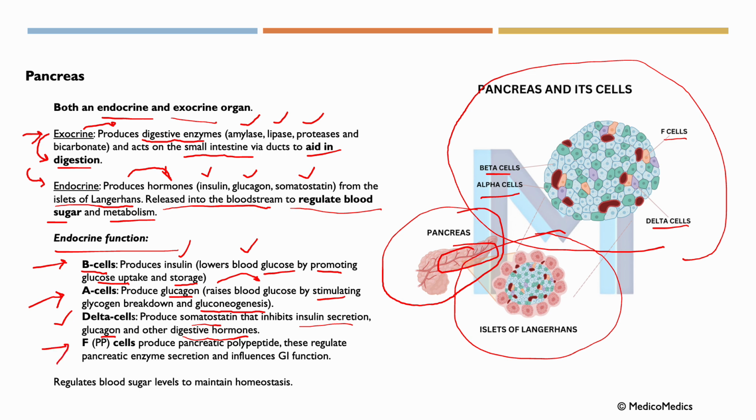We have these F cells, or PP cells, and these produce pancreatic polypeptide. These are involved in regulating pancreatic enzyme secretion and influence our gastrointestinal function. So in the big picture, the pancreas regulates blood sugar levels mainly to maintain our homeostasis.